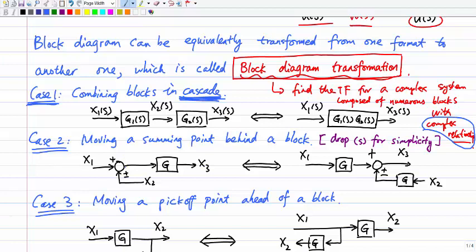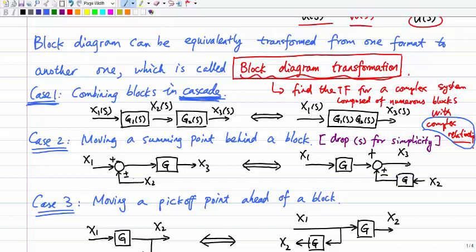So this can be equivalently written by moving the summing point after the transfer function, after the block. When you do that, you have to introduce this G over here.